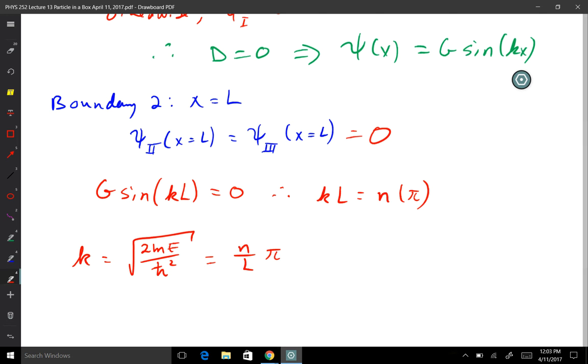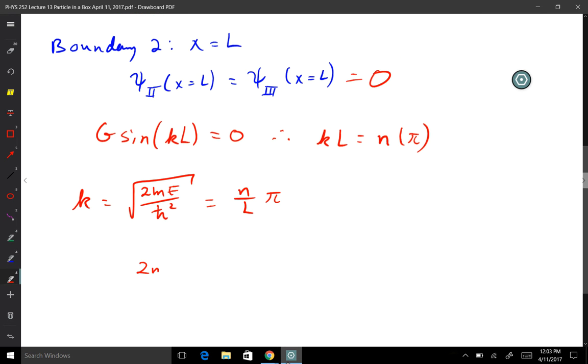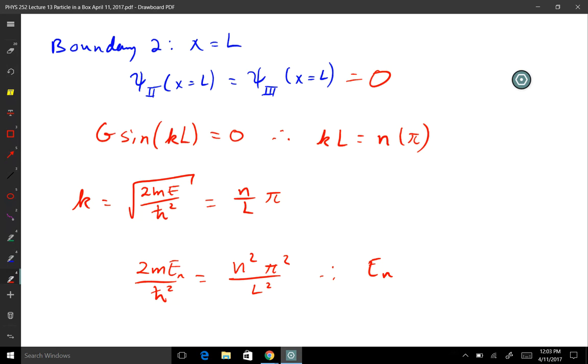So square everything. I put a subscript of n on the E's because there's only certain energies allowed.